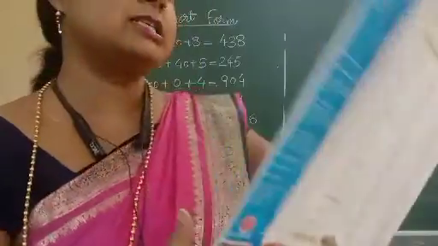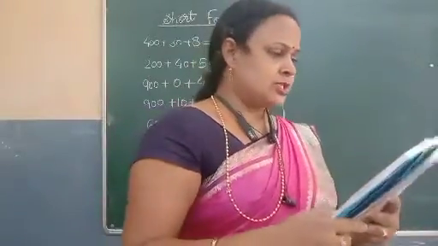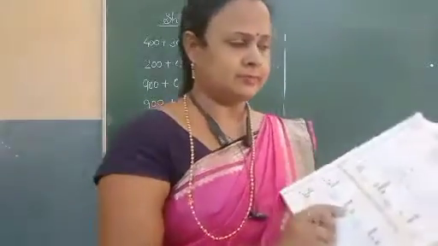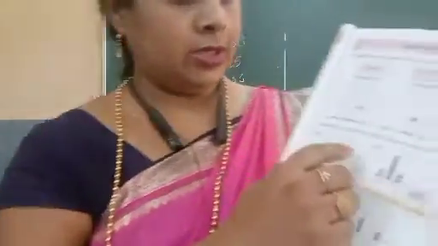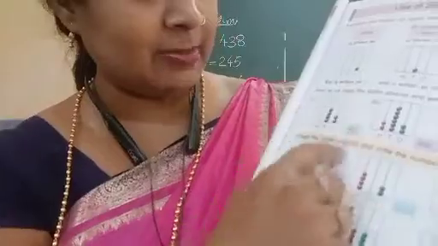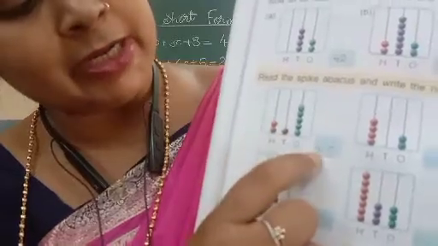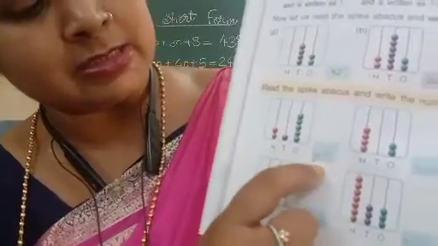Okay. Now next one is chapter use of abacus. Okay. All of you see and write the numbers. Here are given some examples and you can write like this. Count these balls and write here hundreds, tens and ones.